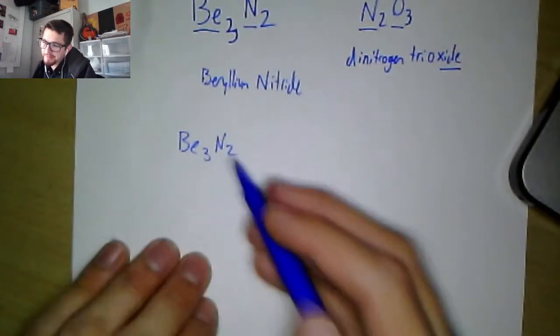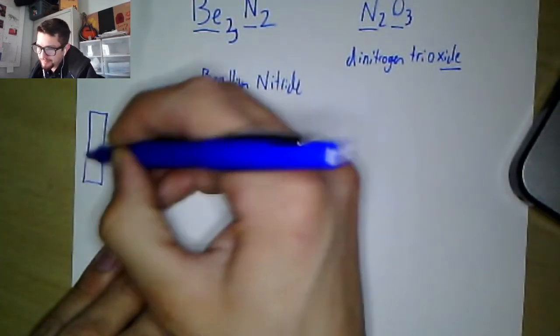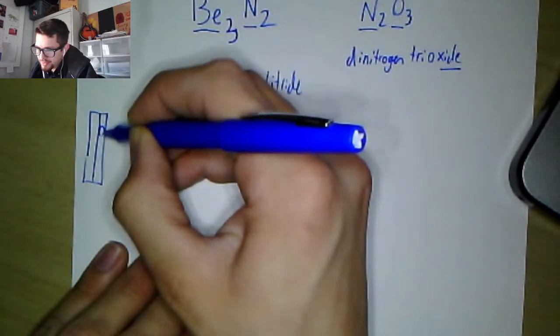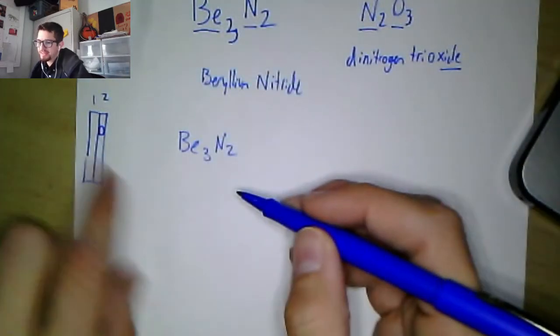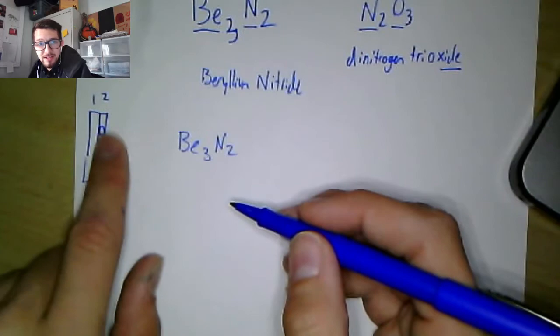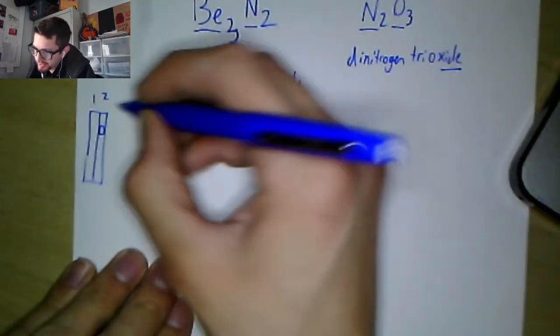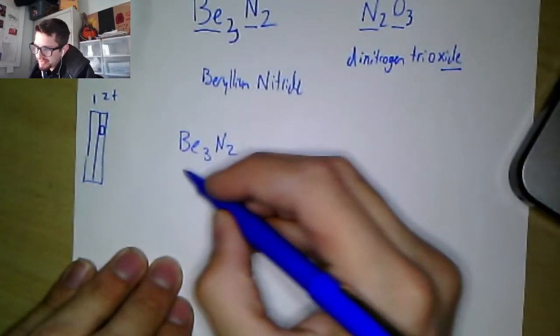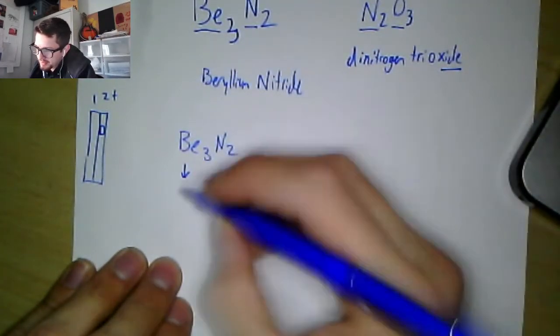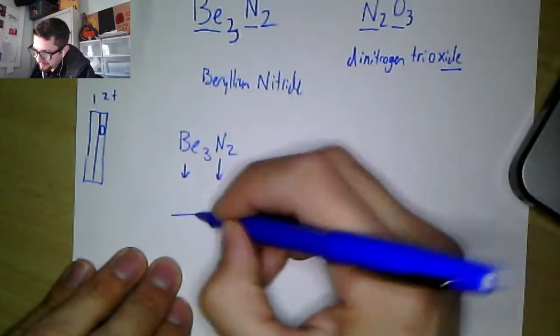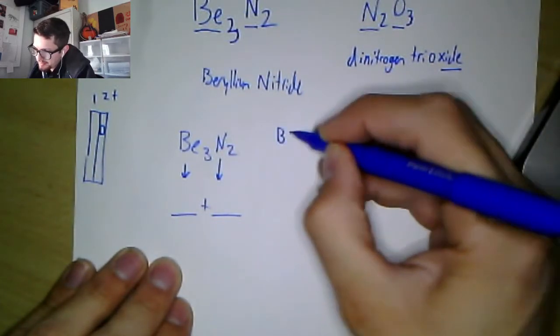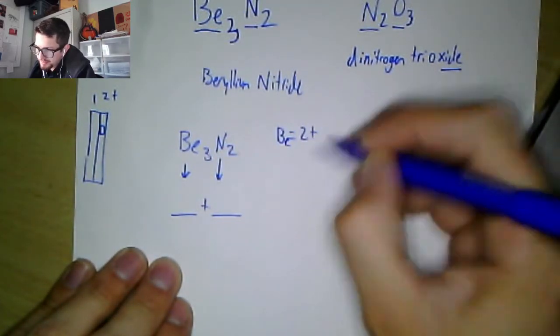But we know beryllium in the periodic table is like right here. So he's in the second column. And we know that the second column, the alkaline earth metals, are in charge of +2. So we know that this guy's supposed to be +2. Be is supposed to be 2+.